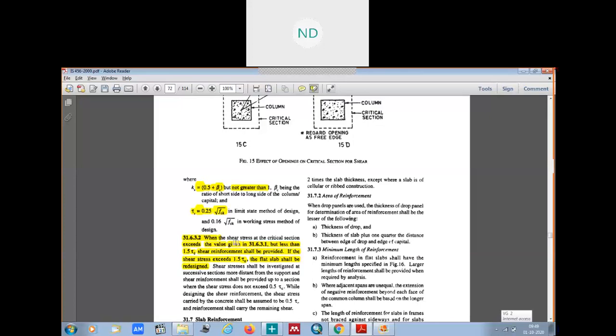If the shear stress is greater than the tau c dash which we had calculated, as in our question, you must check against the 1.5 tau c value. If it is less than 1.5 tau c, then shear reinforcement shall be provided. And in our case also it was less. The tau c dash we had calculated was 1.11, so it will be less than this value.